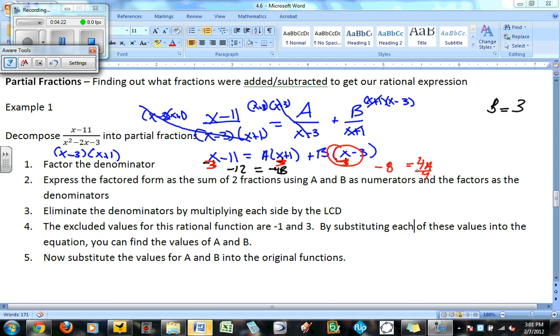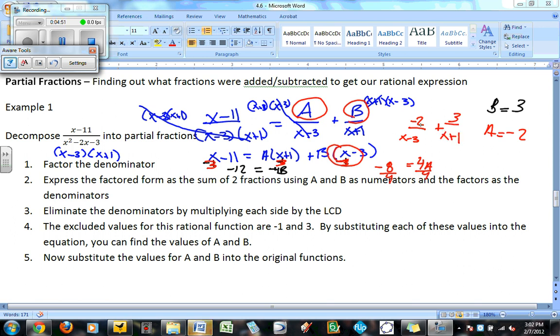Divide by 4, and I get A equals negative 2. So the two fractions that were added together to get this original fraction, substituting back in A and B, would be negative 2 over x minus 3 plus 3 over x plus 1.